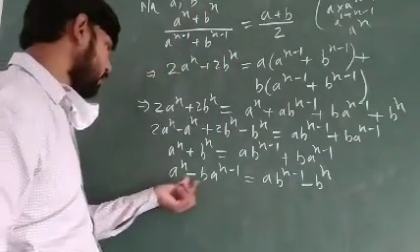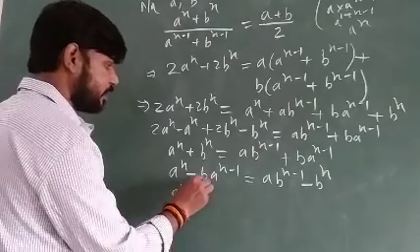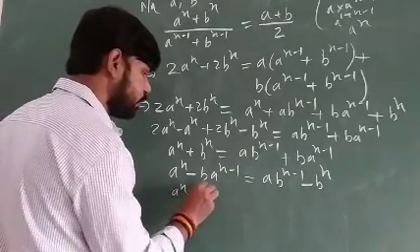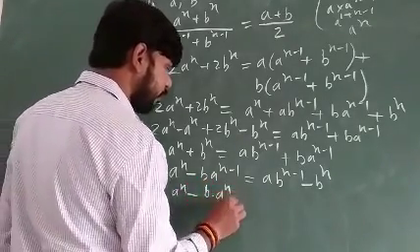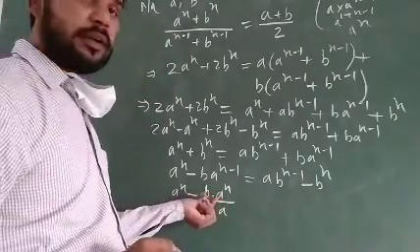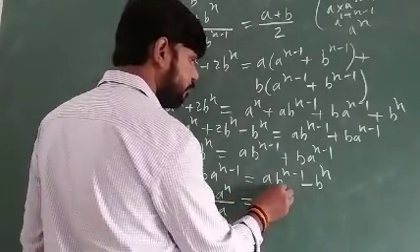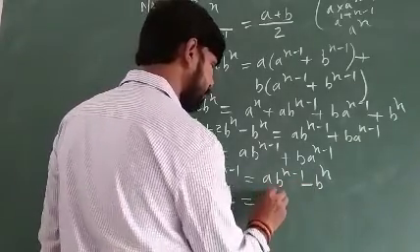On simplifying, you will get A power n minus, this can be written as B into A power n upon A. Similarly here also B power n can be taken as common.